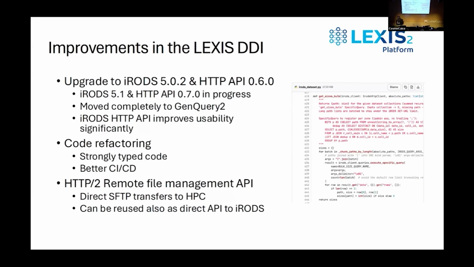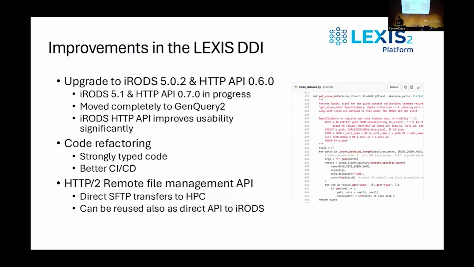And then, of course, some code refactoring. This is mainly Tobias's work and our colleagues', moving to more strongly typed code, better CI/CD and so on, and the HTTP2 protocol, which we currently provide also as a means to access the parallel file system directly.